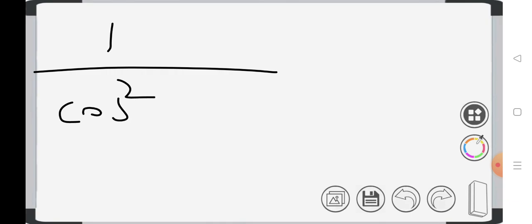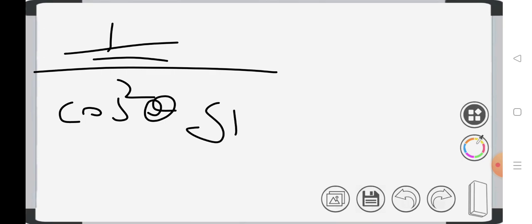Sin square theta plus cos square theta, we will get 1 only. Cos square theta, sin square theta down. So like this we got the numerator 1.